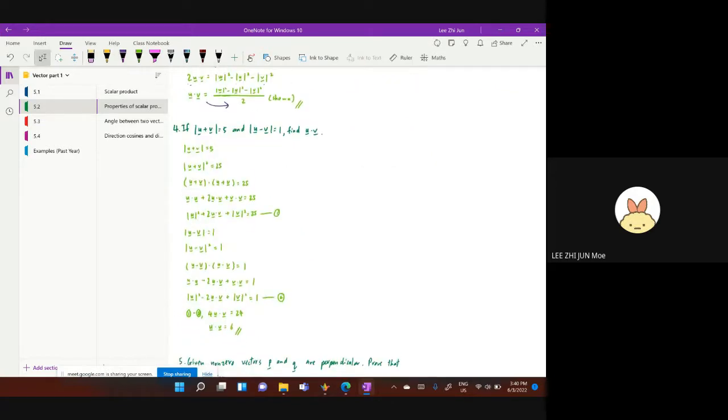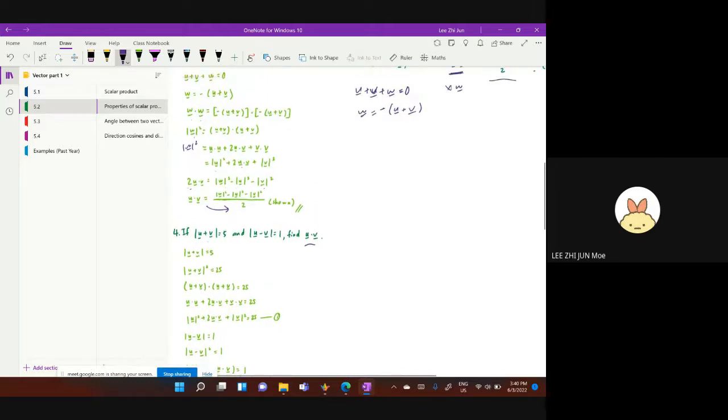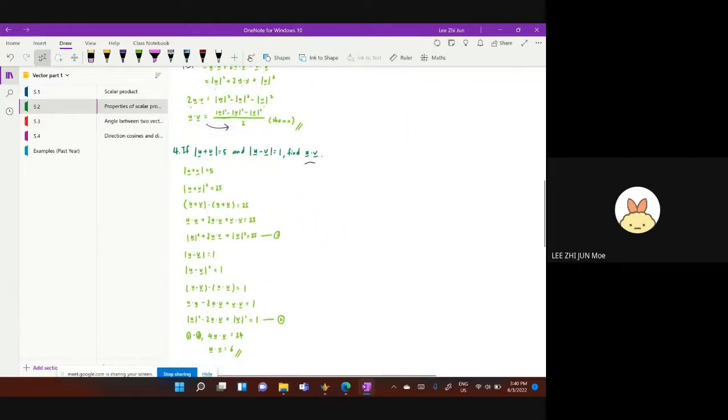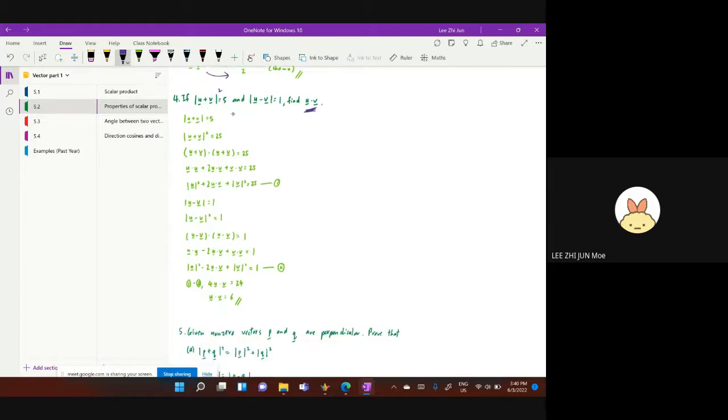Okay, the fourth question. If the magnitude of U plus V equals 5, and the magnitude of U minus V equals 1, find the dot product. Yeah, this is the same. For me, I prefer to square the magnitude to find the dot product. For the magnitude of U plus V squared, it will be 25.